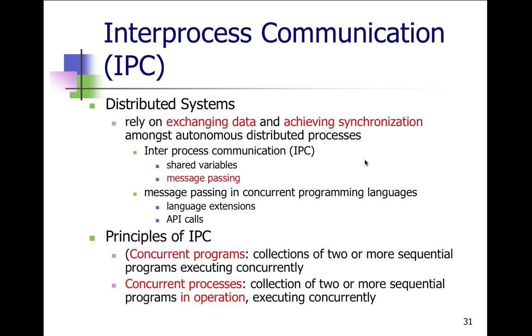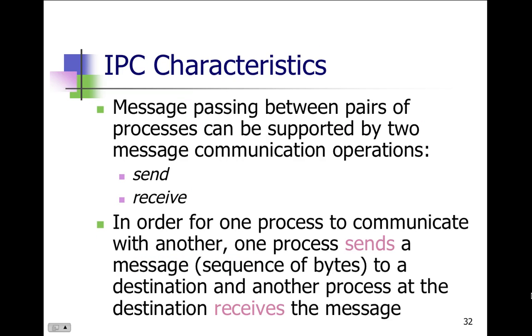So in terms of the concurrent programs, it's collecting two or more sequential programs executing concurrently: client servers, multiple applications on one server. Some characteristics of the IPC environment is the message passing between the pairs of the processes that can be supported by two message communication protocols, the send and the receive.